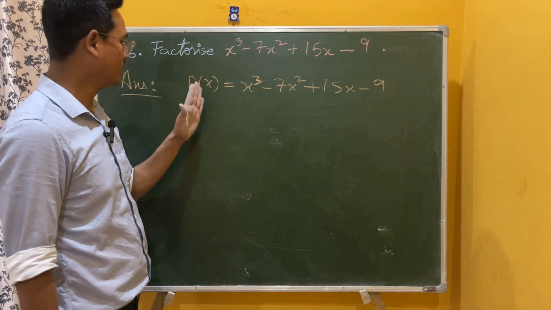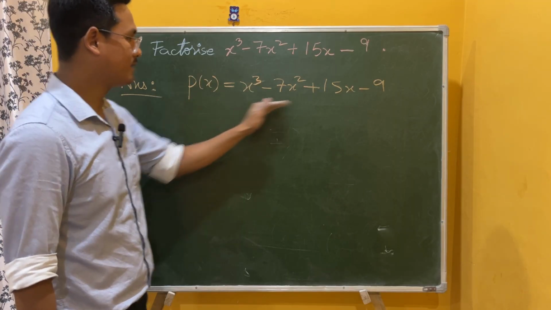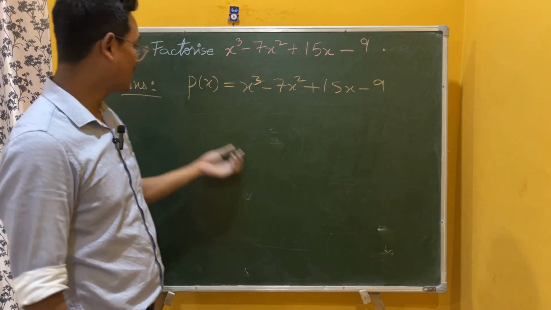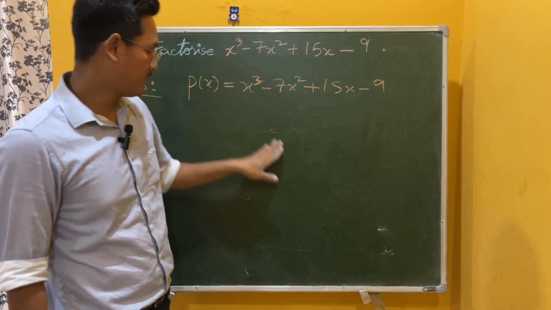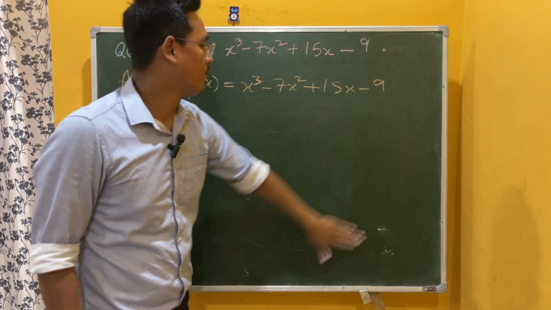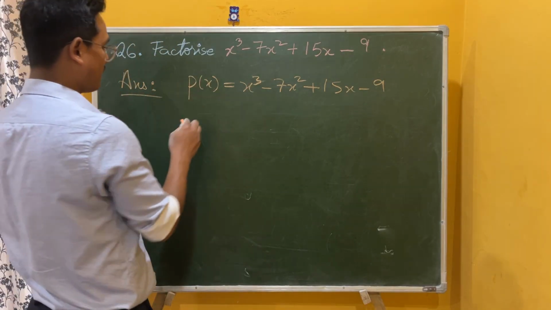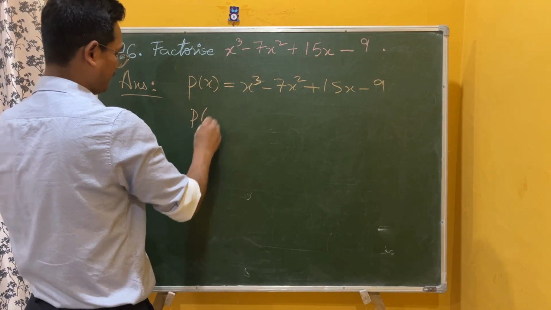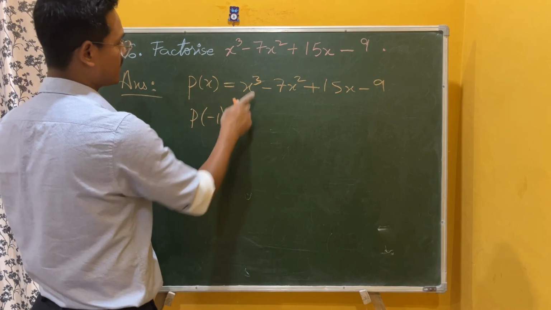Let's say if x equals minus 1 and this becomes 0, that means the remainder is coming 0, isn't it? So if you put x equals minus 1, for example, what happens? Let's see.